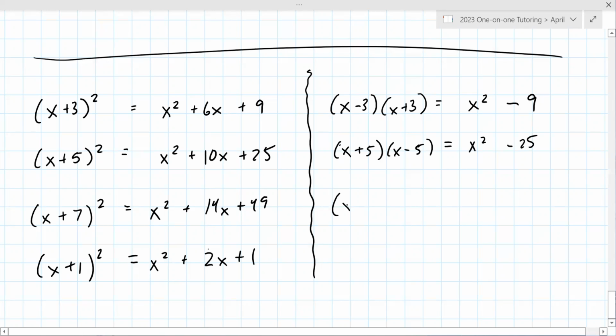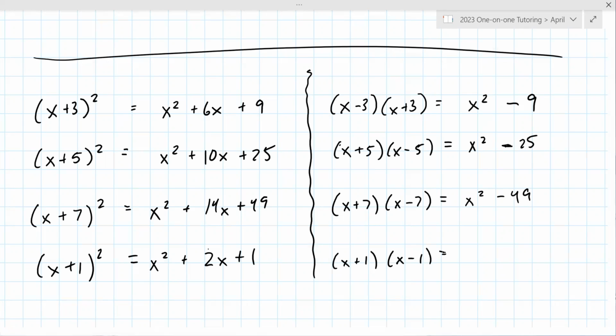And then this last one here, what do you see? What does that become? X squared minus 49. Good. And how about x plus 1, x minus 1? X squared minus 1. Okay.